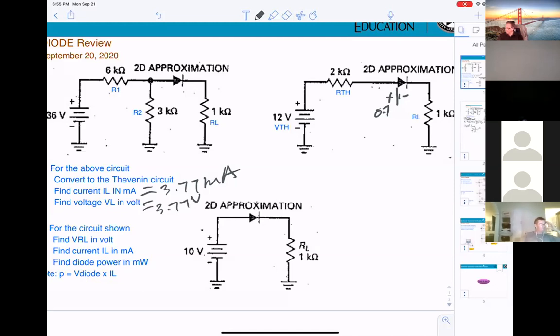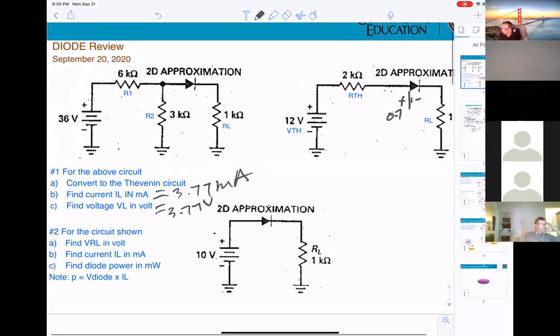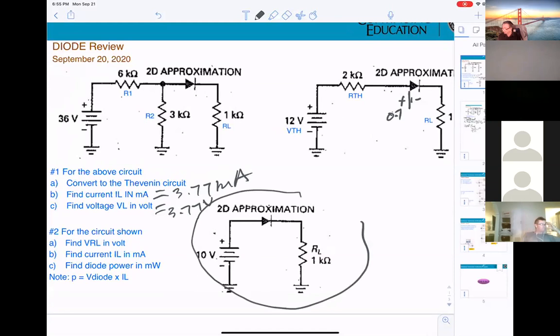Okay, number two, for this circuitry here, they want to know what V across IL is. That means they want the voltage here.